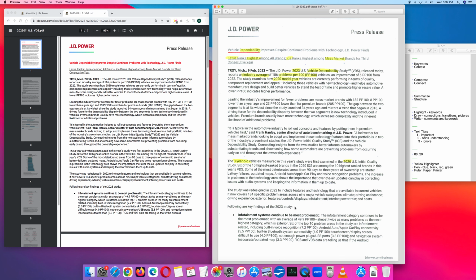So I did go through this whole document, but my reading was done in a selective and purposeful fashion. So it's good to say what is my goal. And one of the things that I always try to do is I always try to summarize the whole document. And usually I'll do this with one word or one term. Vehicle dependability is the one here.